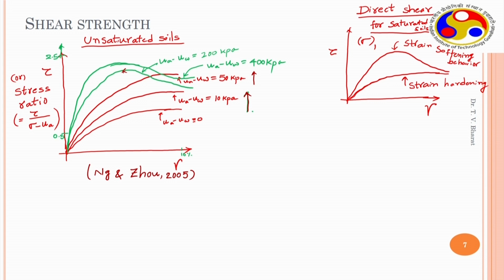Further, these tests are generally conducted between tau and gamma, that is shear stress and shear strain, under different normal stresses.